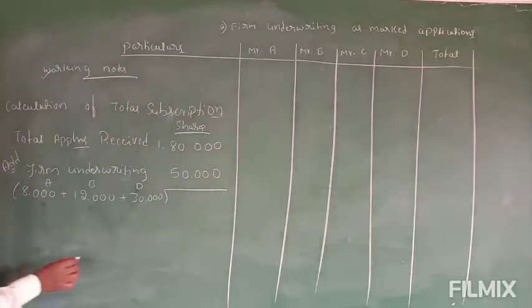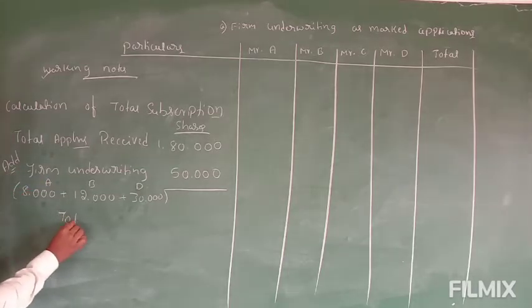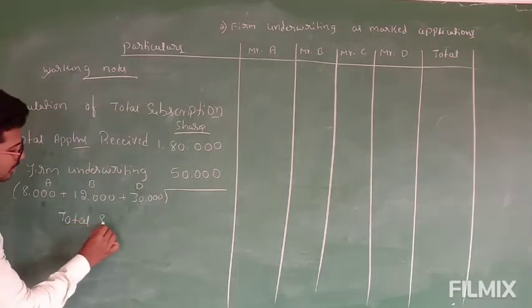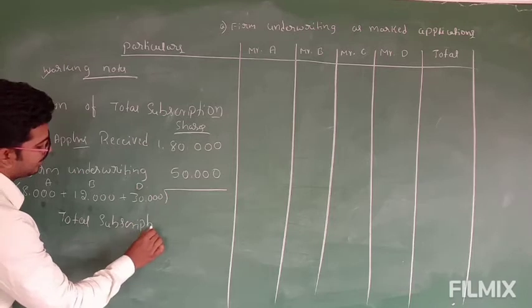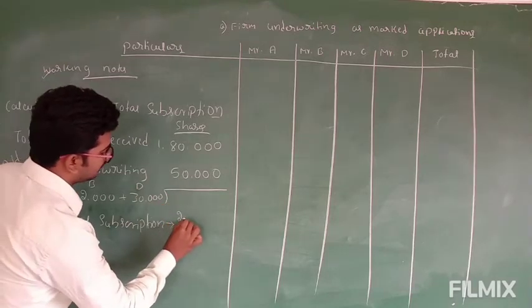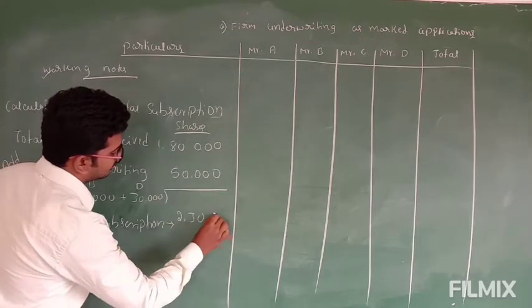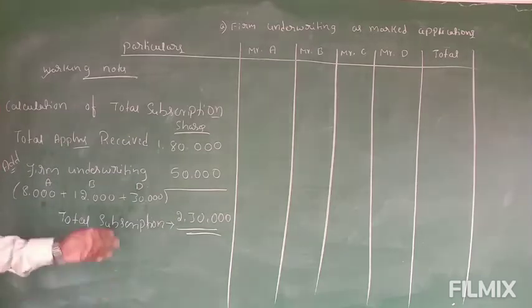Adding firm underwriting to the applications received excluding firm underwriting, total subscription is 2,30,000.